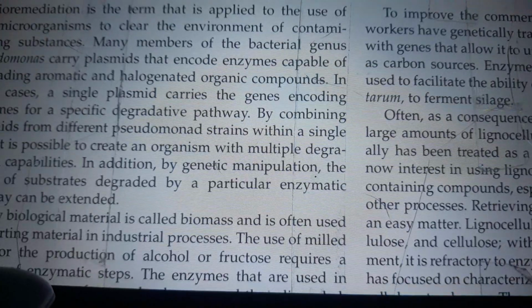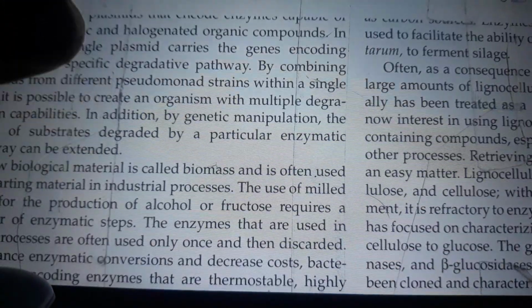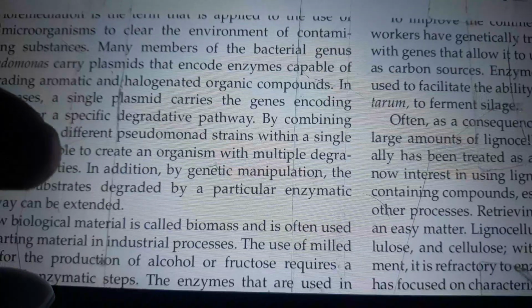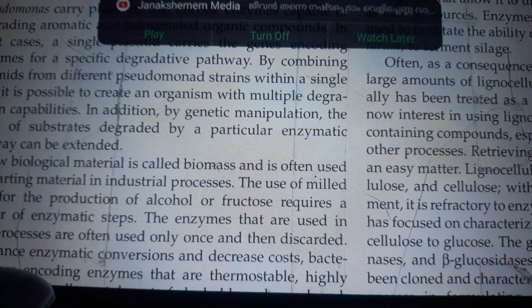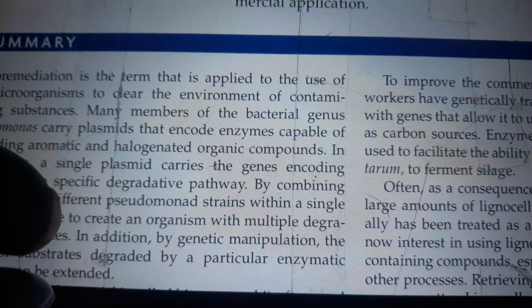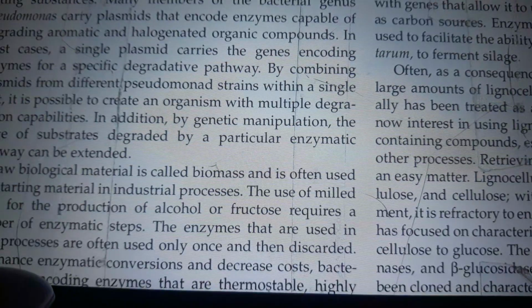This is the term that is applied to the use of microorganisms to clear the environment of contaminating substances. Many members of the bacterial genus Pseudomonas carry plasmids that encode enzymes capable of degrading aromatic and halogenated organic compounds.